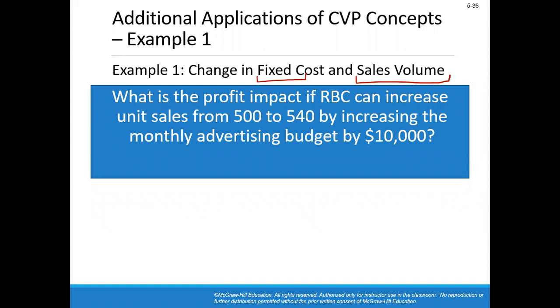Can you recall what we mentioned in the slide before the previous slide to get the usefulness of the contribution margin ratio?